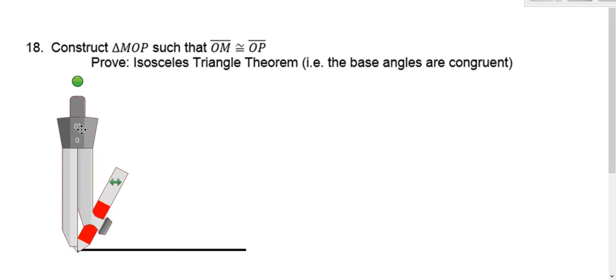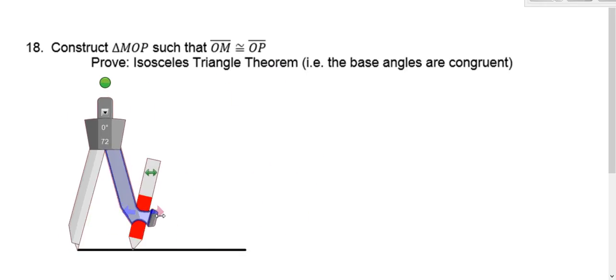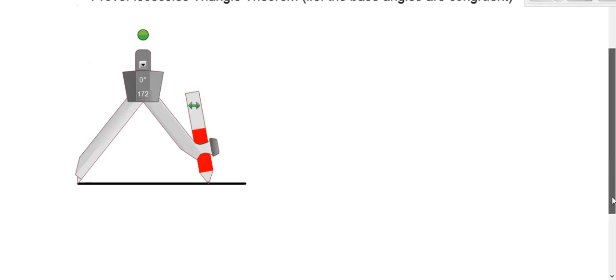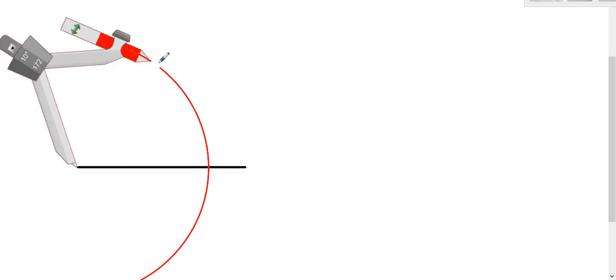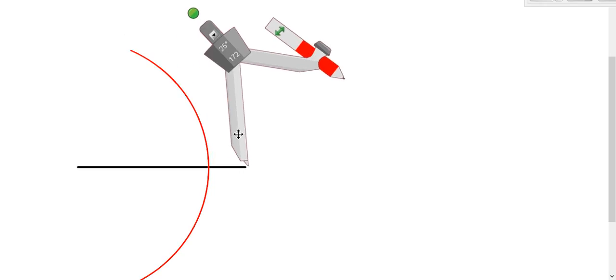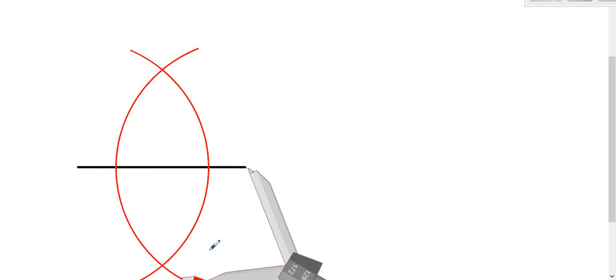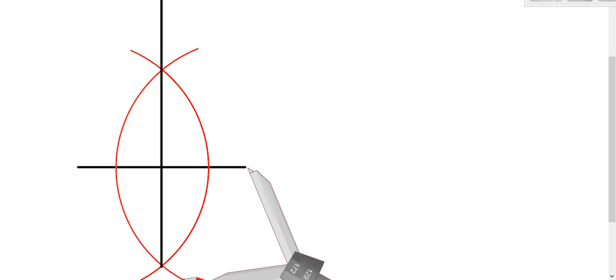Put it on one endpoint of the base that you made, stretch it more than halfway. Draw a semicircle. Do the same thing from the other endpoint. So that you can draw the perpendicular bisector.